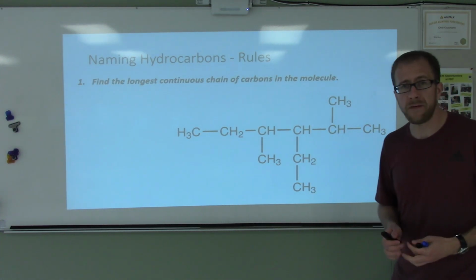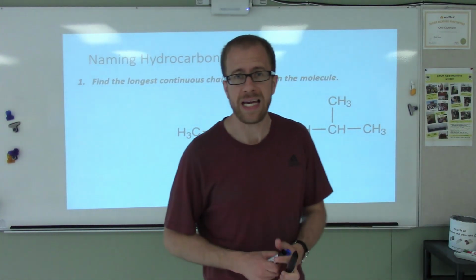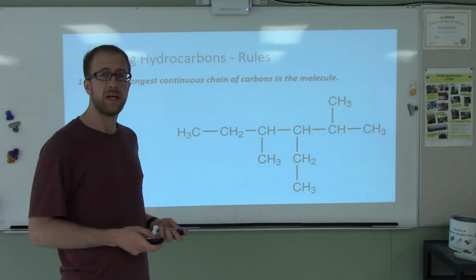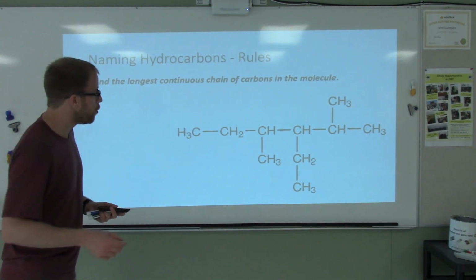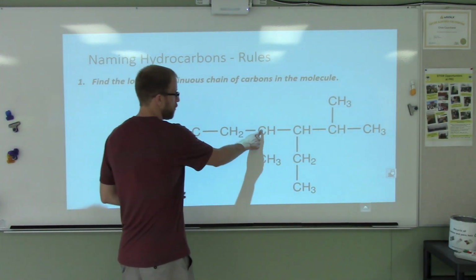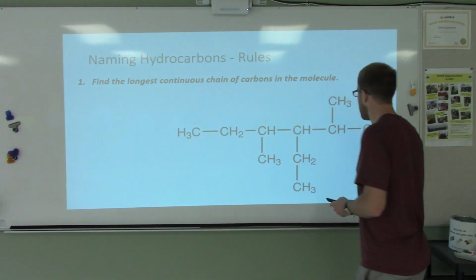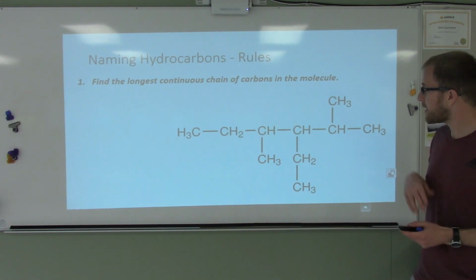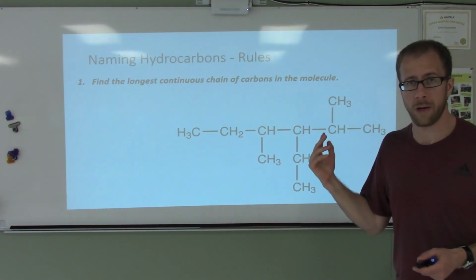So first we need to figure out what the parent chain is. So we need to count our carbons. And if we count our carbons, we see that our longest chain here is going to be 1, 2, 3, 4, 5, 6. Now, I technically just did something wrong.